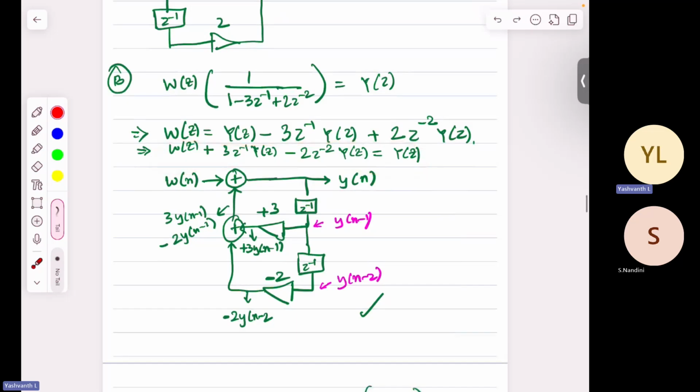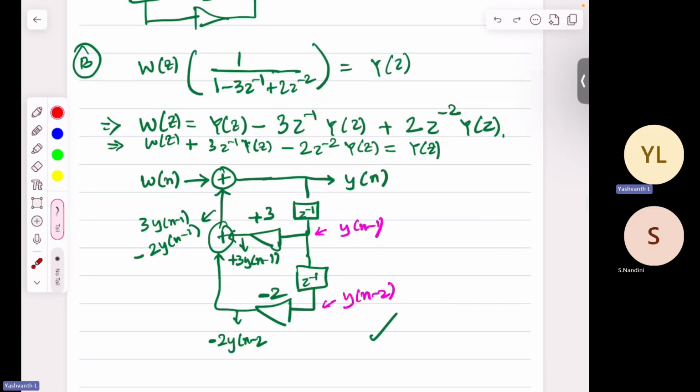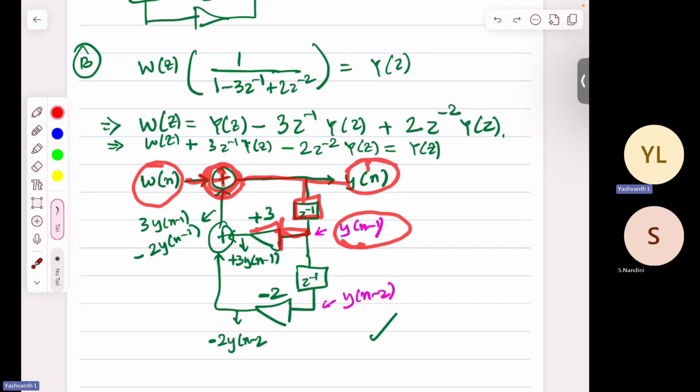What it says is, observe it very carefully. You have w of n as the input. You pass this through some addition. Let's see what the other terms for the addition are, and you get y of n. Take a part of y of n, delay it by 1 unit. That will give y of n minus 1. Correct? And now take a part of it. Basically, you multiply it by 3 and then add it with the w of n.